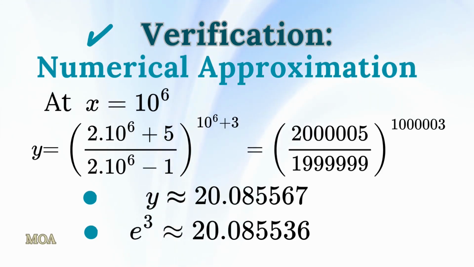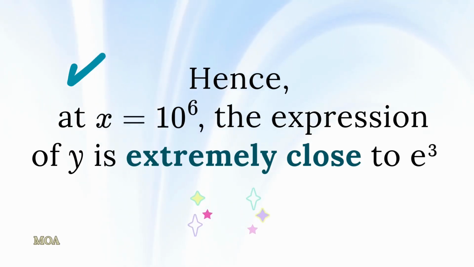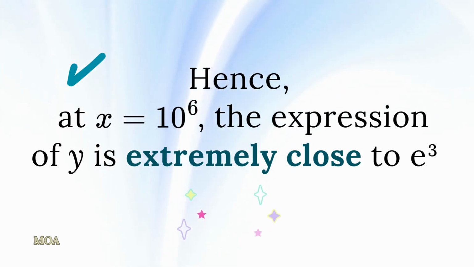Numerically, this evaluates to approximately 20.085567. On the other hand, the value of e to the power 3 is approximately 20.085536. Hence, at x equals 10^6, the expression for y is extremely close to e cubed.